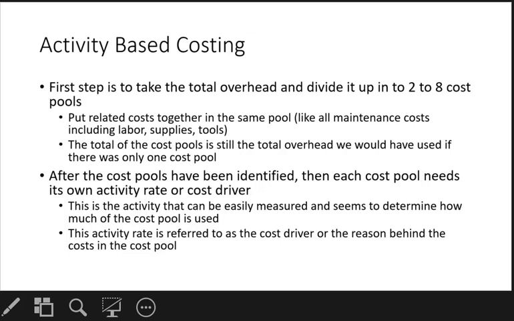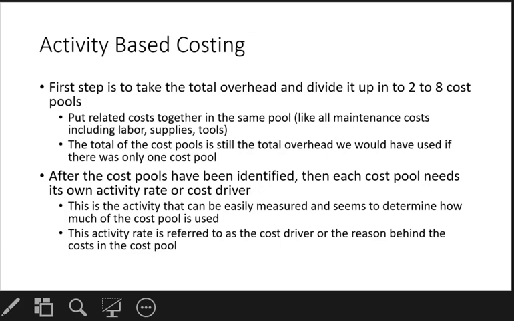So, how do we apply activity-based costing? All right. So, first step is to take the total overhead and divide it up into 2 to 8 cost pools. Now, when I say 2 to 8, some research has indicated once you get more than 8, you make your life more complicated. The more cost pools you have, the more complicated your process and everything is.